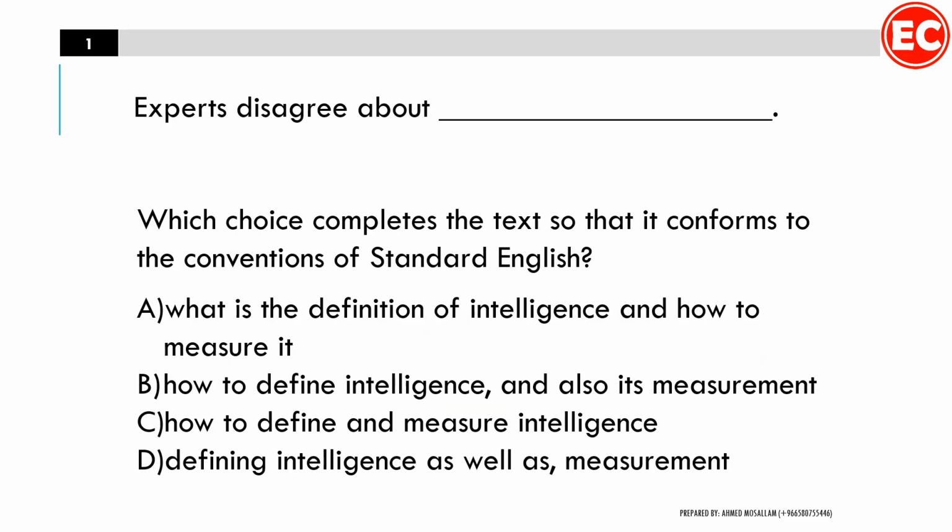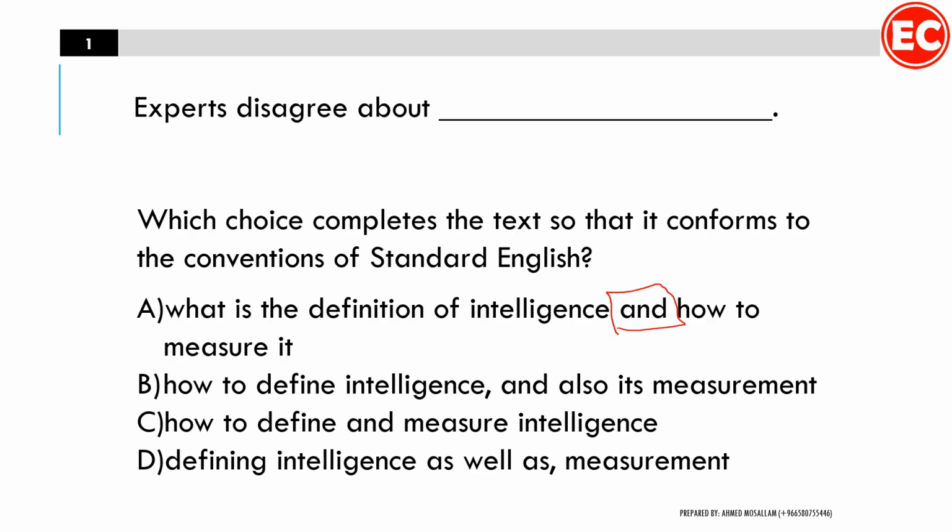Okay, let's have this example. Experts disagree about. Now pause the video and try to answer it yourself before I explain it. In parallelism, you have to look at all the options and try to see how the parallelism will go. So experts disagree about what is the definition of intelligence and how to measure it. So we have "and" here as the scale. Whatever comes before "and" must also be after "and."